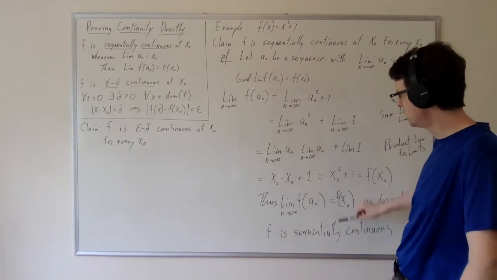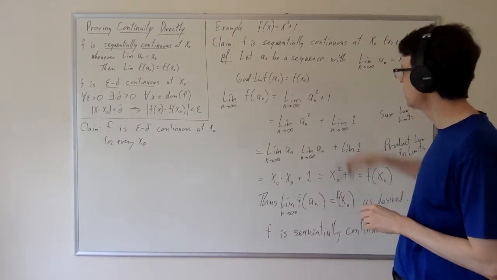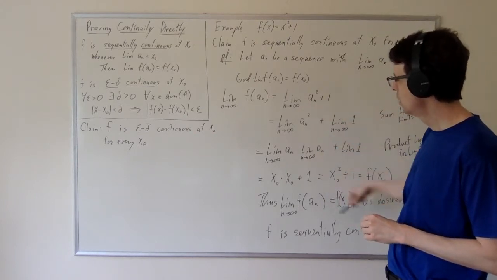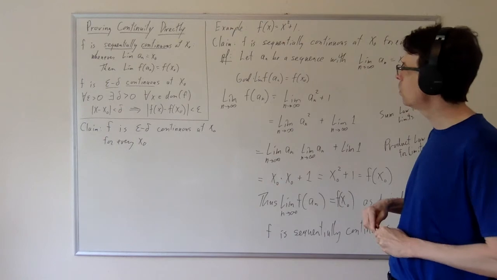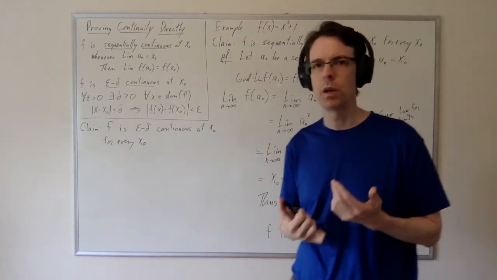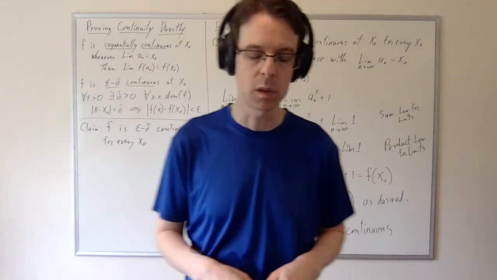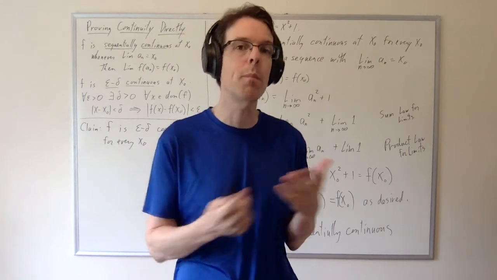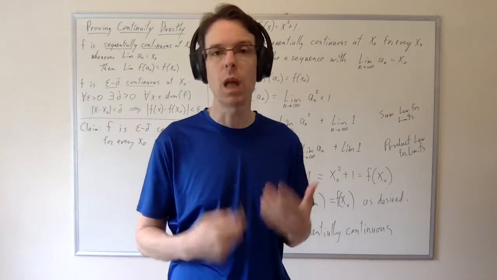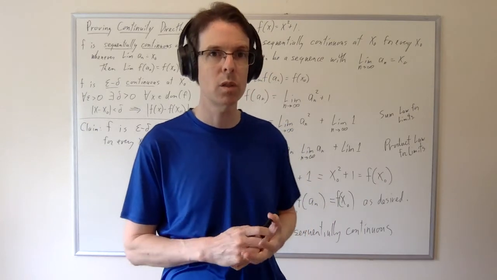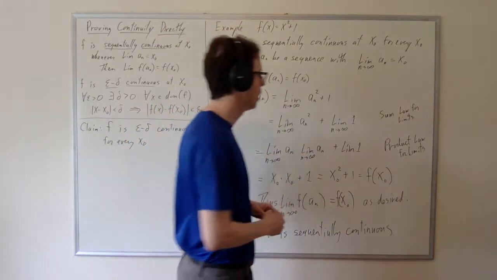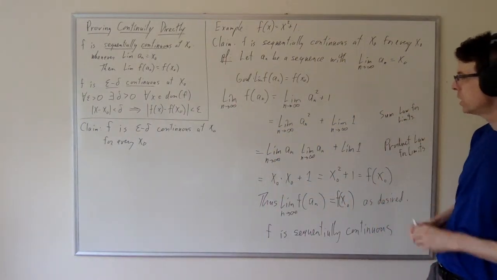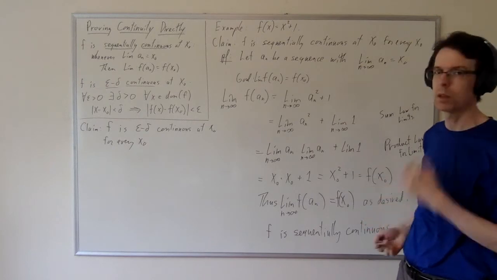The reason this was relatively easy was that we already have quite a lot of machinery for managing limits of sequences. We have the sum law for limits of sequences. We have the product law. If you think back to how we proved those, it was a lot of work to prove those things. And so we've actually got a couple of significant power tools being brought to bear on this problem. And that's why this problem in and of itself is not particularly hard.